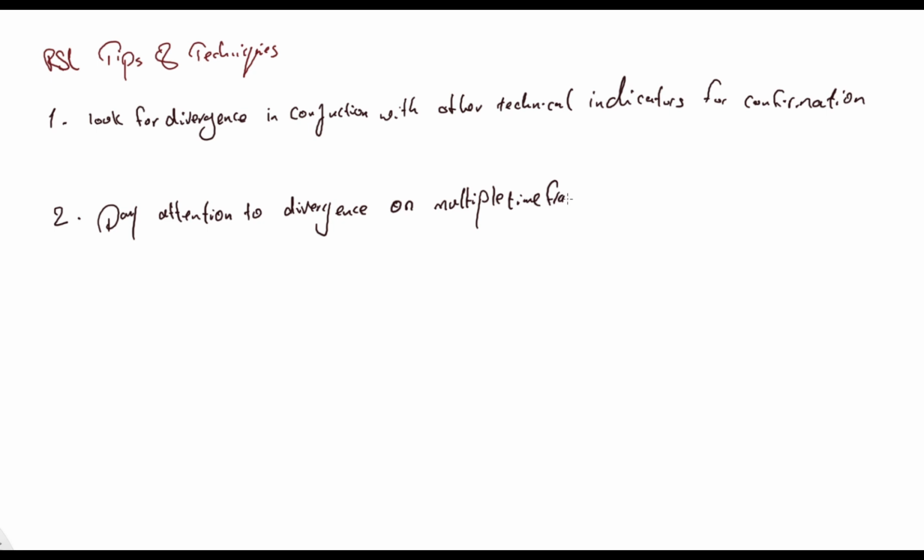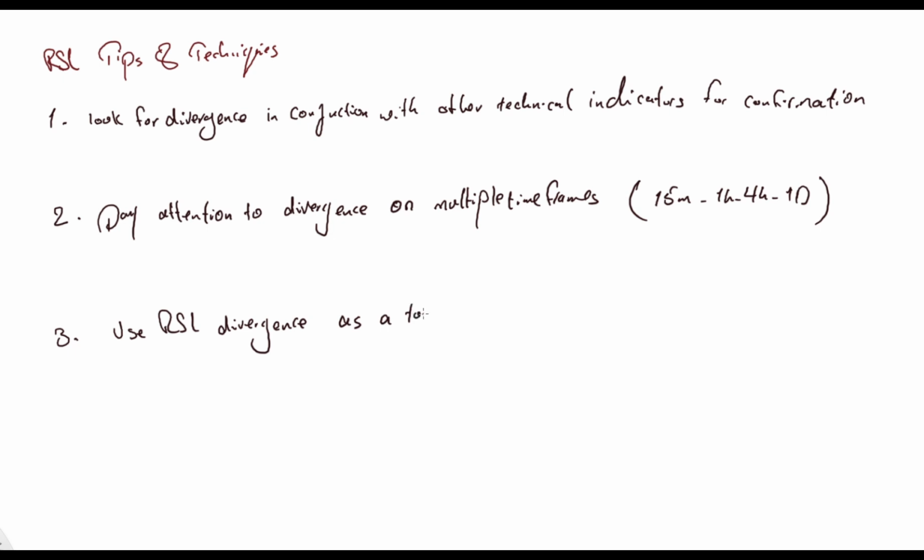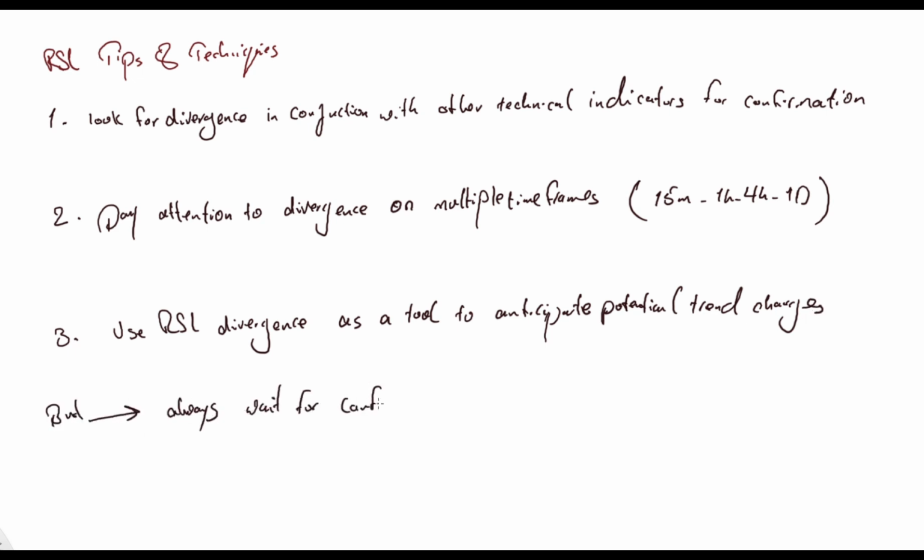And I suggest you work on 15 minute to 4 hour or even a daily time frame. And third, use RSI divergence as a tool to anticipate potential trend change, but always wait for confirmation before making a trade.